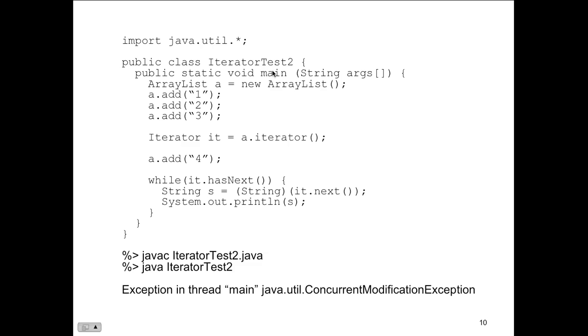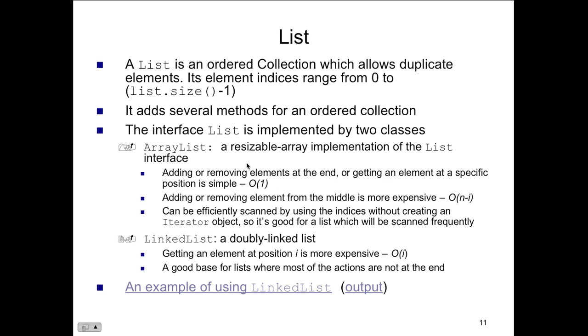So you throw the exception, you catch it, and you take this line of code and put it underneath. Essentially, the exception handler is going to say Iterator it equals a new iterator. Create a new iterator. Or you can probably call it iterator2 or something. Delete the object or leave the object alone. And the good thing for you is that Java has automatic garbage collection, so you don't have to worry about deleting it. If you're not using it anymore, the collector will come by and pick it up and delete it for you.